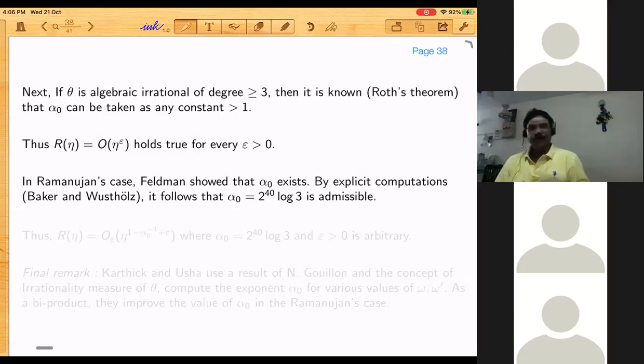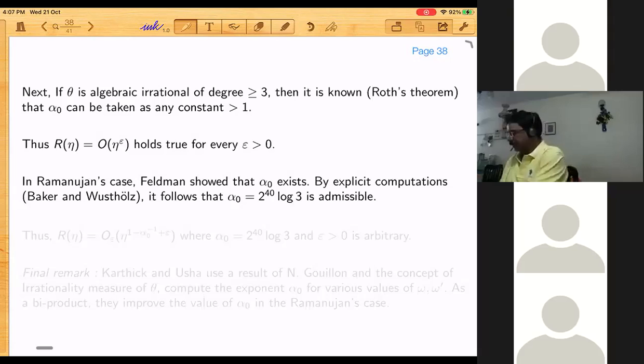And what happens in the case of Ramanujan? In the case of Ramanujan, theta is log 2 by log 3, and Feldman showed that alpha naught exists. By explicit computation, one shows that in fact alpha naught is 2 to the power 40 times log 3.